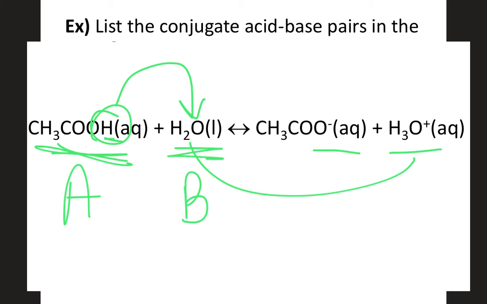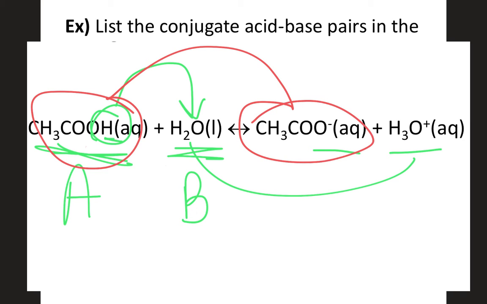Now if you compare the acid that was originally acetic acid, it became just the regular acetate ion, or C2H3O2 minus. See the different ways that's written? Just showing us the structure again.